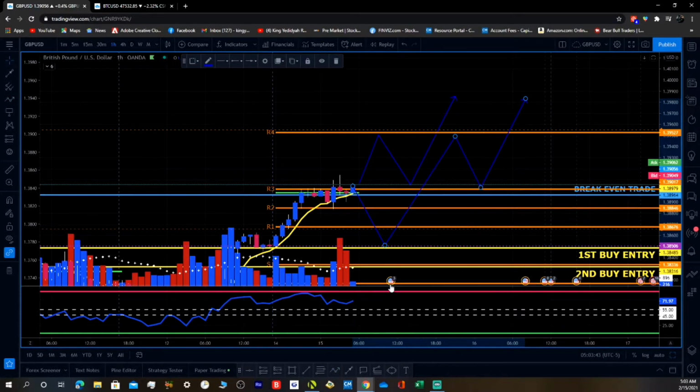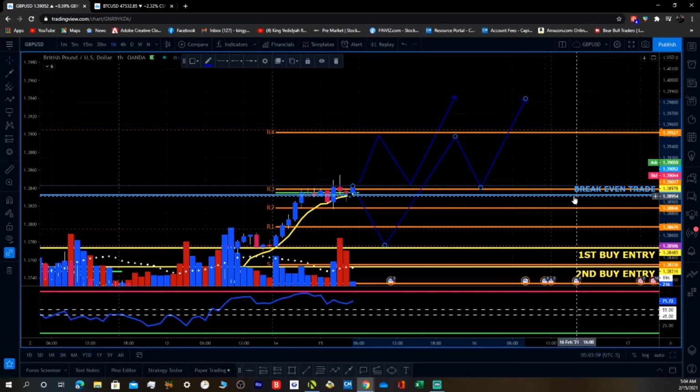So we could have two scenarios here. Let's say it stays strong and pushes up, pulls back here. I'm gonna take our next buy position right here, and I'm gonna move my stop up to this area.